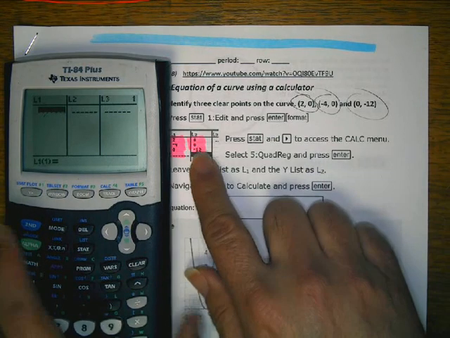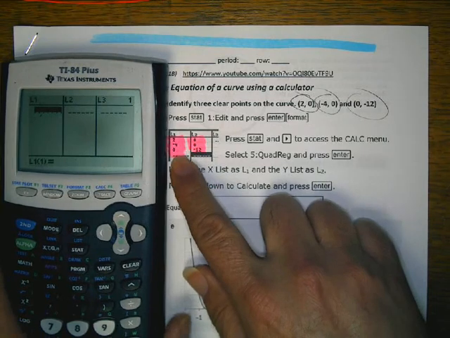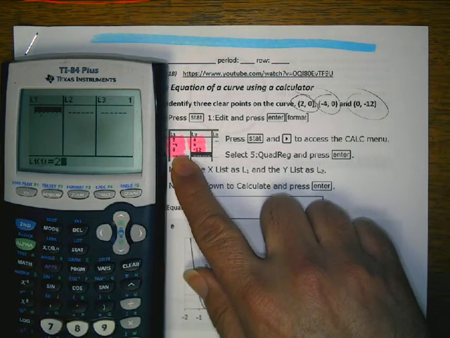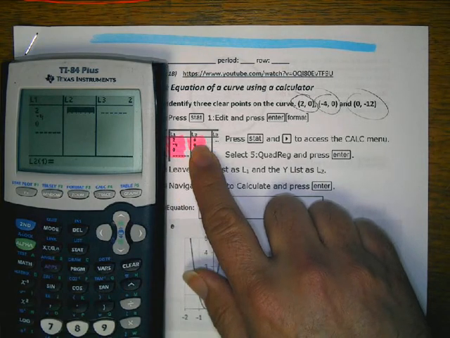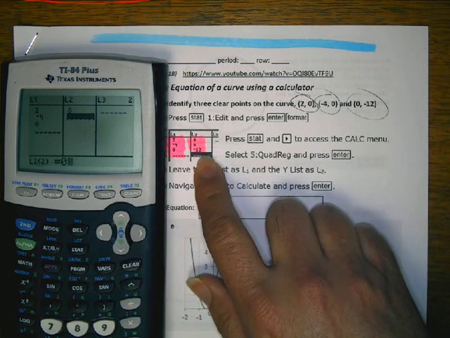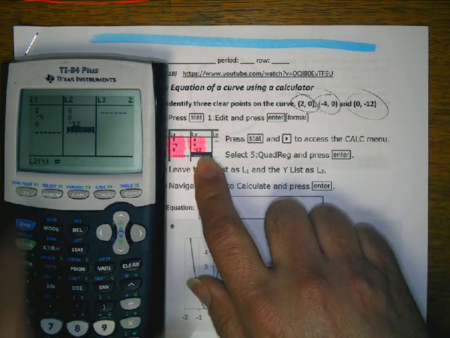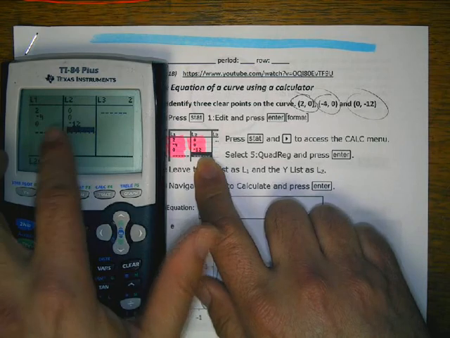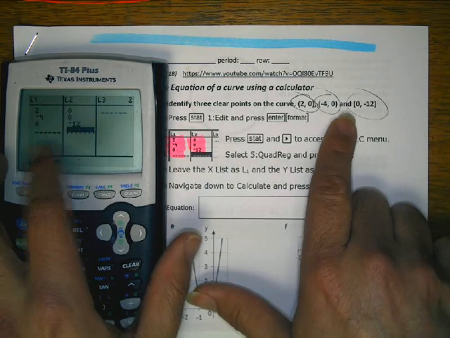Now I'm going to put 2, -4, and 0, and then over here I'm going to put 0, 0, and -12. Okay, those are the 3 points: (2, 0), (-4, 0), and (0, -12).